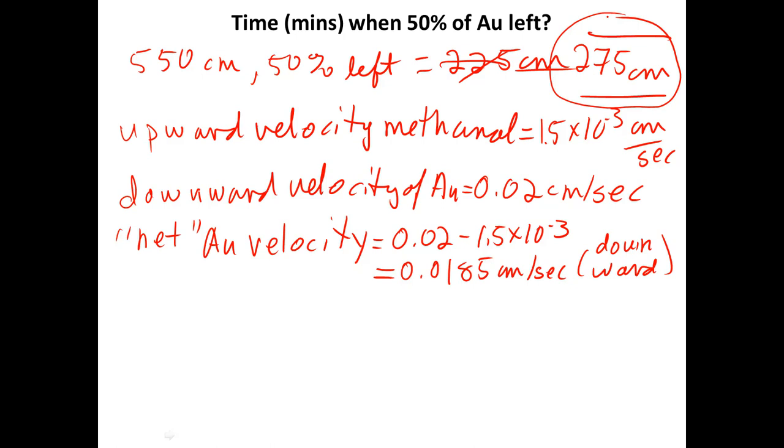So I look at my units and I recognize that I've got centimeters in two places. So I'm going to take 275 centimeters, my distance. I'm going to invert this velocity.